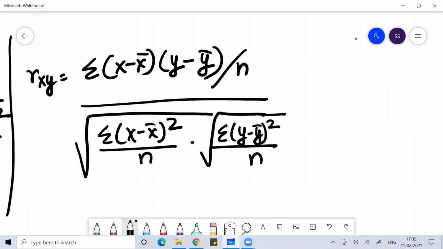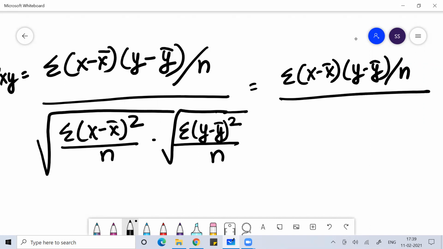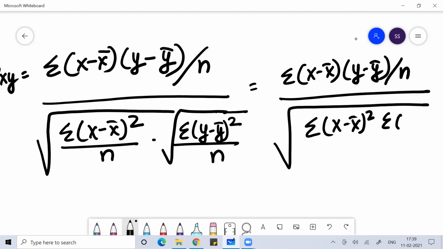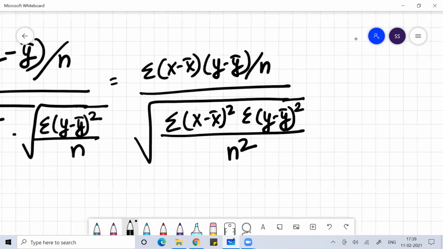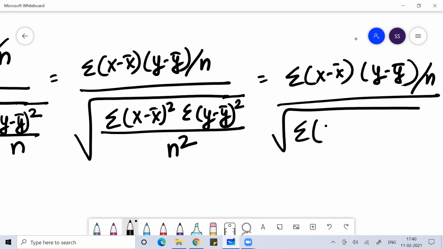So ultimately, if you do this, you'll get summation of x minus x bar into y minus y bar by n divided by square root of summation of x minus x bar whole square into summation of y minus y bar whole square, divided by n square. So under root of n square, you know that is n. So this is summation of x minus x bar into y minus y bar by n, divided by square root of summation of x minus x bar whole square into summation of y minus y bar whole square by n.